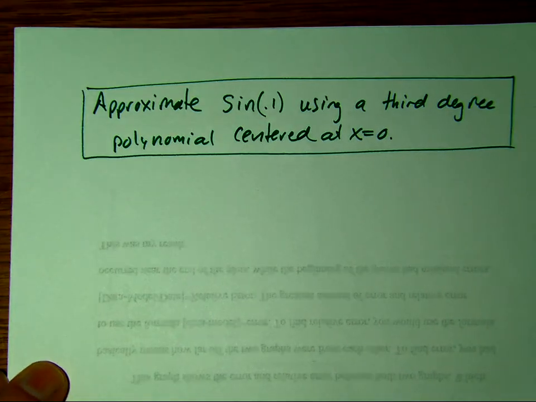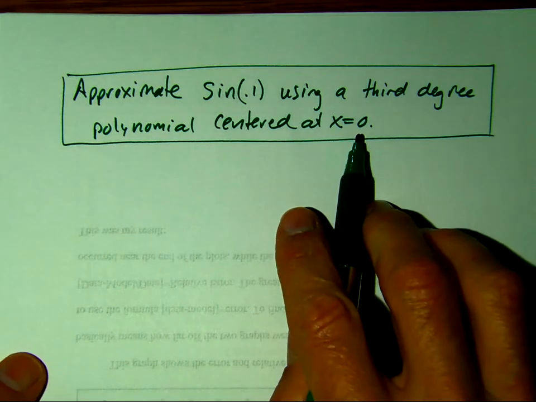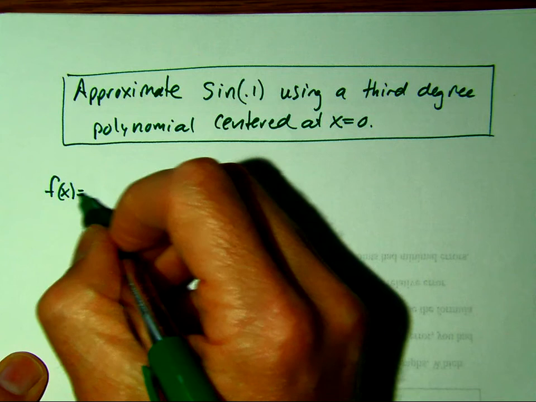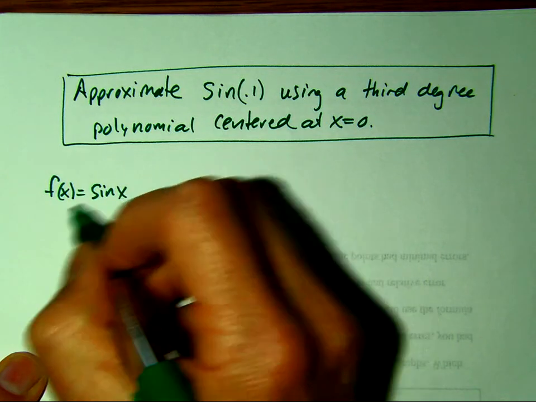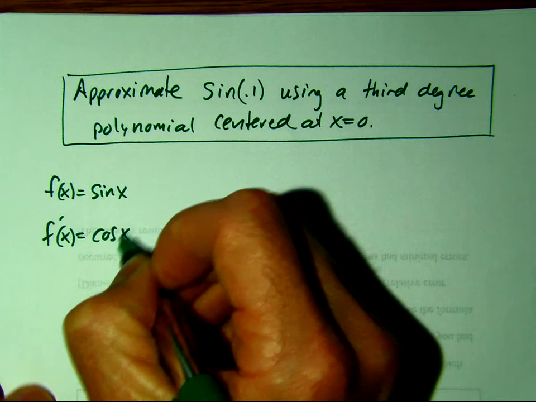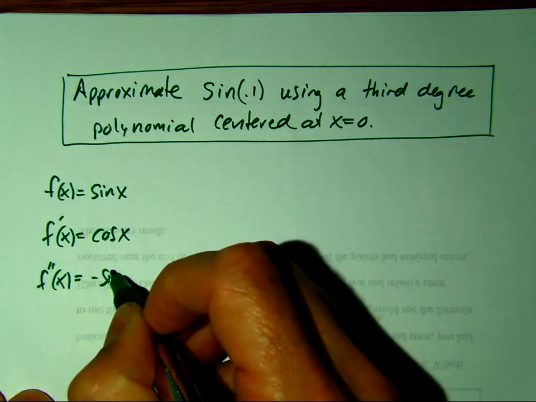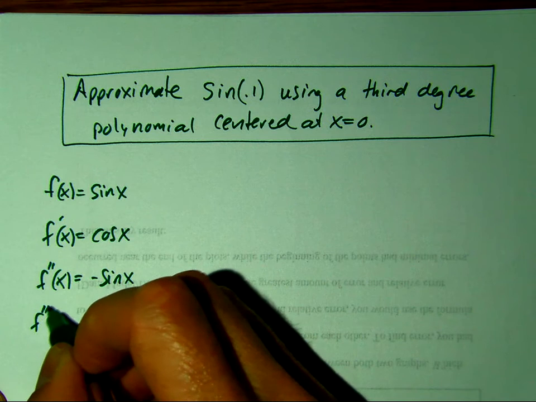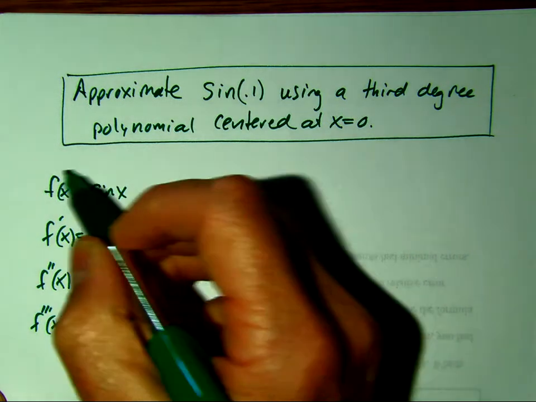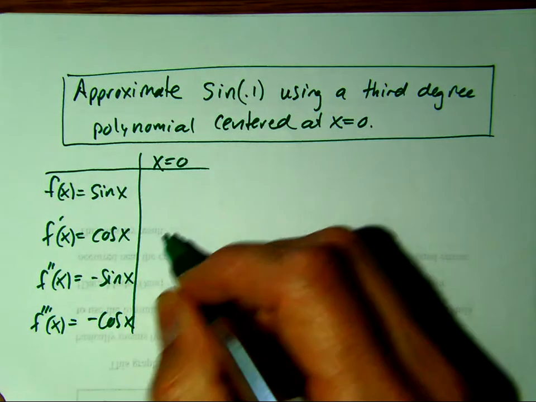So let's start with a review of the Maclaurin polynomial since it's centered at 0. And we have the function, the derivative, let's evaluate it at 0.